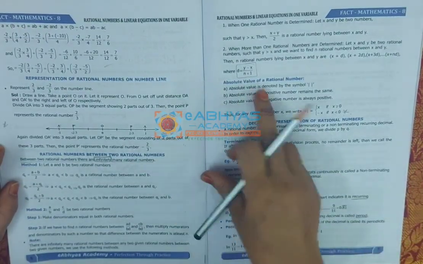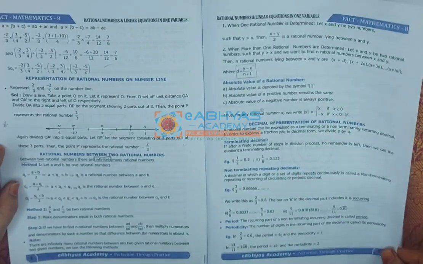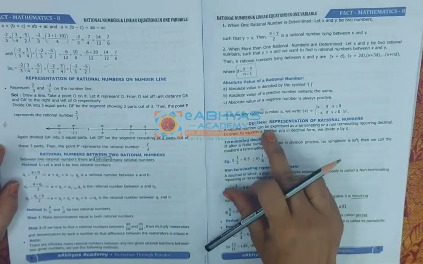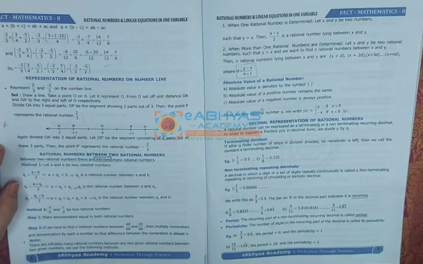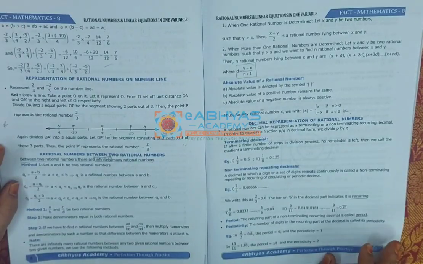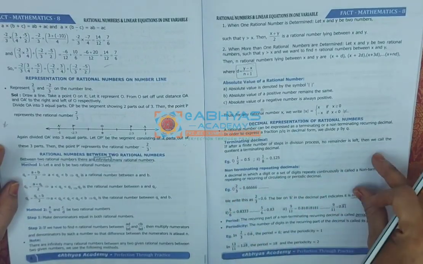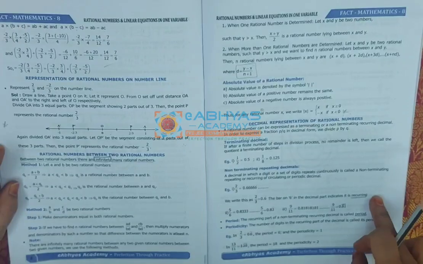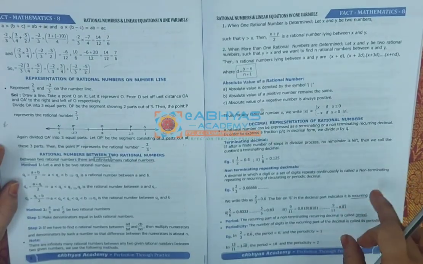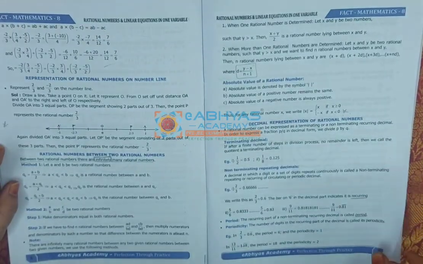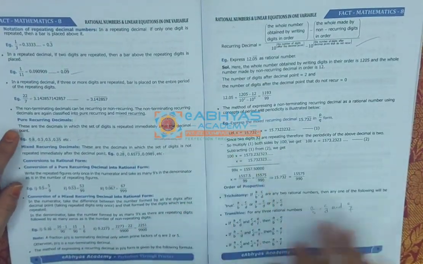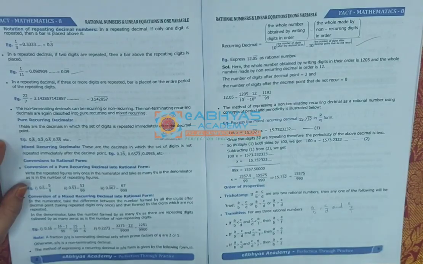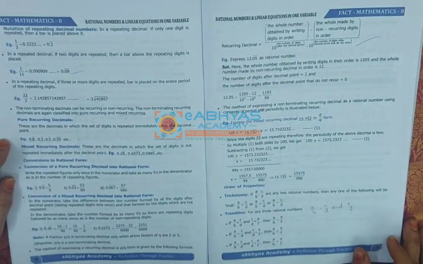Next, absolute value is given. Then we come to the decimal representation of a rational number: terminating decimals and non-terminating repeating decimals. He can easily understand because he already learnt this in class 7. We have to explain in this chapter what a pure recurring decimal and a mixed recurring decimal are.